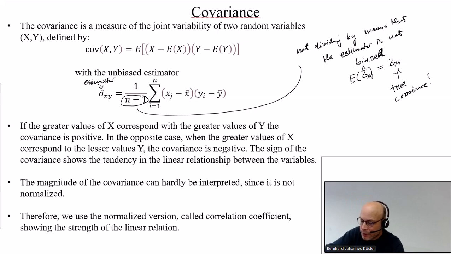And here, of course, then we also see that this covariance can be positive and negative.